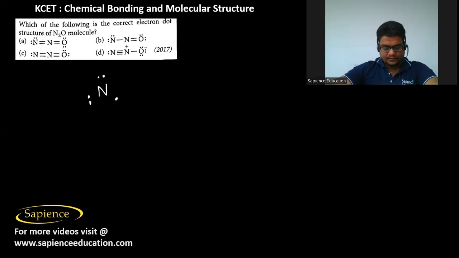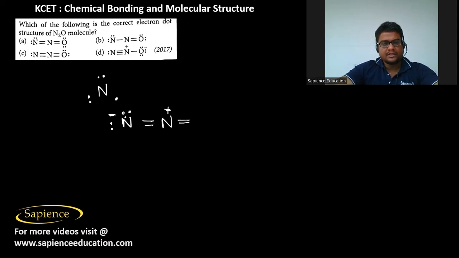So here, actually, we can form a negative charge here. One positive charge is formed. It means that it can have 4 electrons in the valence shell here.